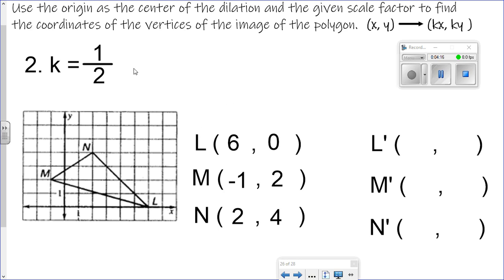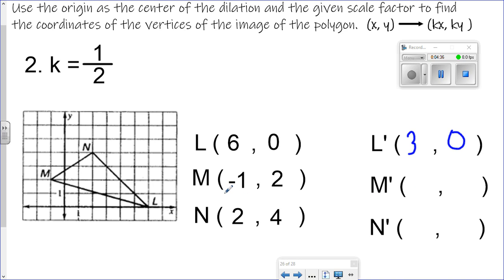So what we're going to do is take the scale factor and multiply it by the coordinates. So in this case, we need to multiply all the coordinates by 1/2. So 6 times 1/2 is 3, and 0 times 1/2 is 0.